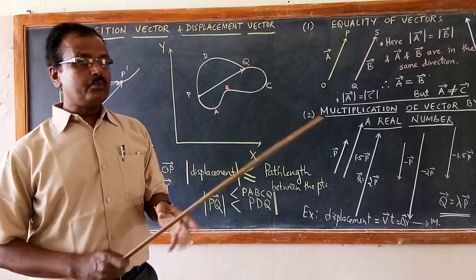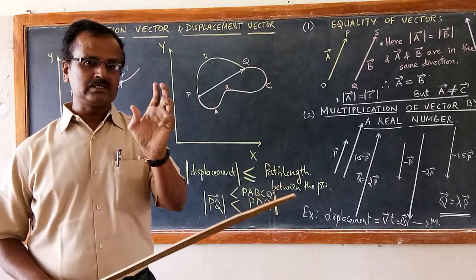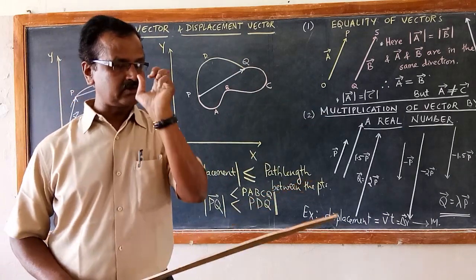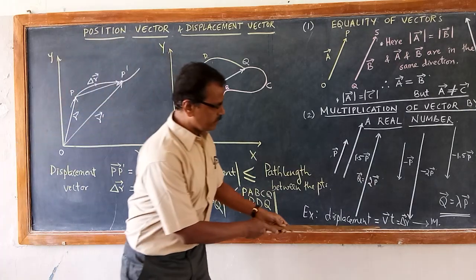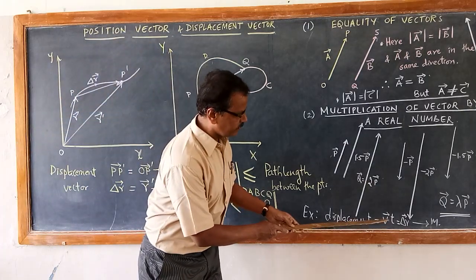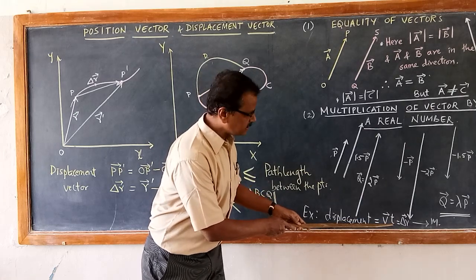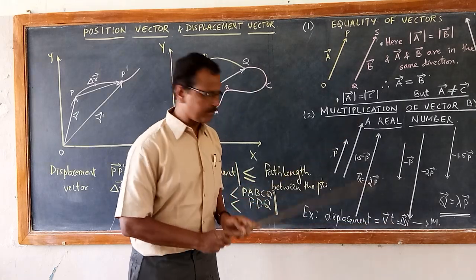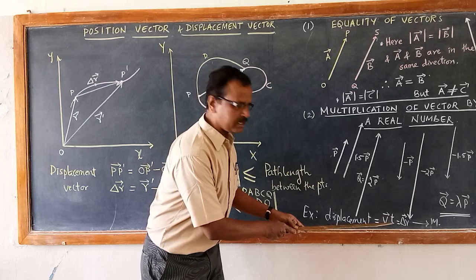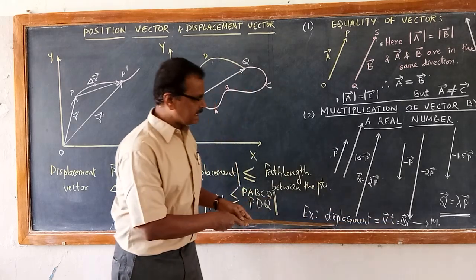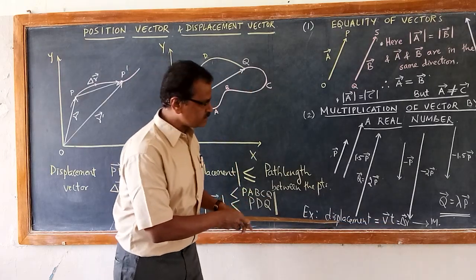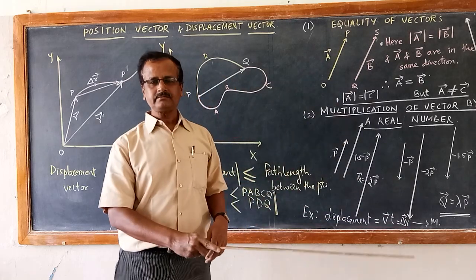It means velocity is a vector quantity. When we multiply velocity, a vector quantity, v, the velocity vector, with time, which is a scalar quantity like a number, we get displacement. This displacement is a new vector.